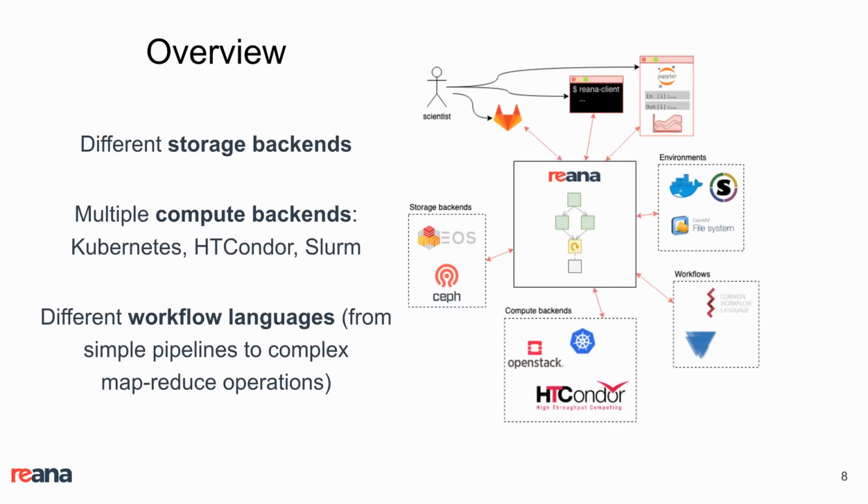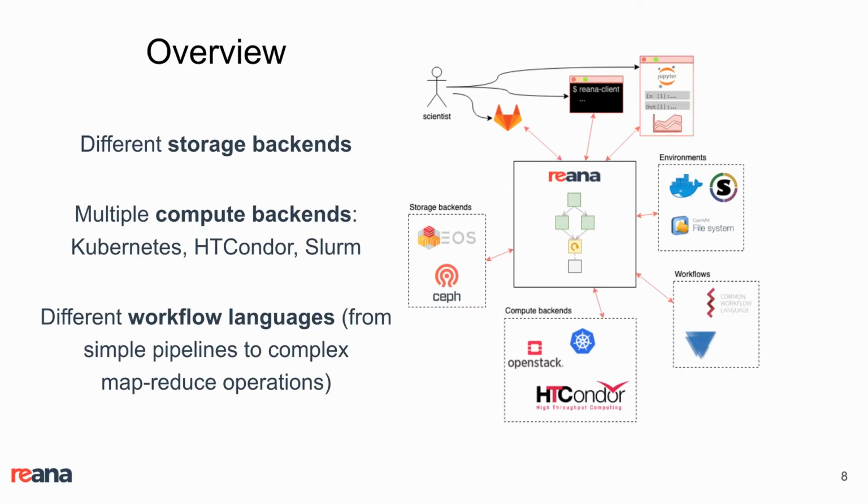An overview of what REANA tries to do is to get all those existing services that are well established at CERN and put them together in order to allow this recipe to be reproduced. So we have different storage backends, such as EOS and CephFS.